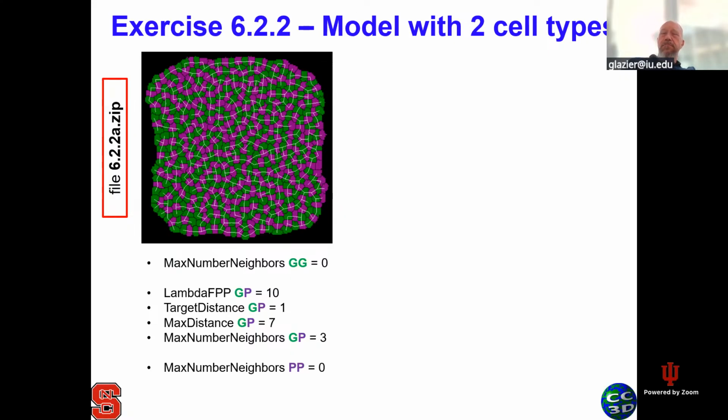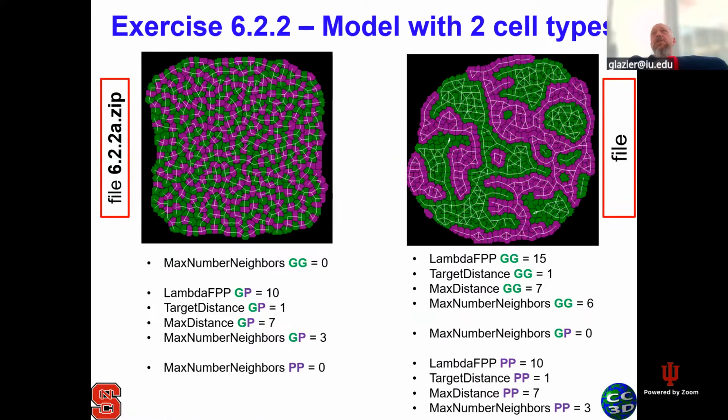And here's a sorting one. So he says high lambda for green, short target distance, 6 neighbors for green. And then he doesn't let you have any links between green and purple.